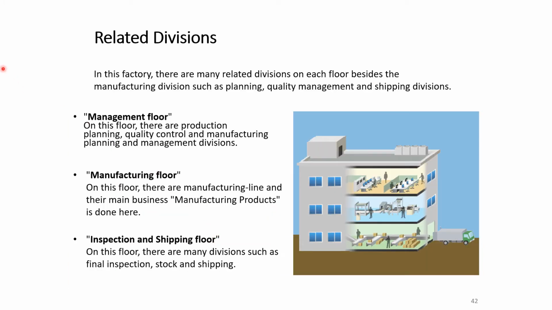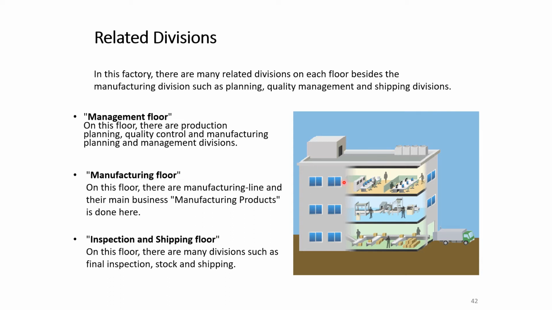Okay, we are done with different sections of this food manufacturing processing line. We want to see what could be a related division of a factory. In a factory, we have a management floor, manufacturing floor, and inspection and shipping floor.